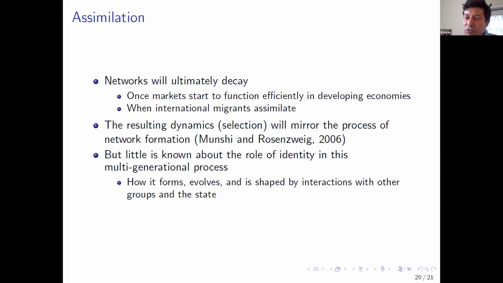To me, this is a really important area for research. It's very topical. And this is, of course, a multi-generational process. So theoretically, understanding this is challenging. Empirically, it's perhaps even more challenging because you will need data over long periods of time to understand this process. But that said, we shouldn't be scared away by it because this is super important.